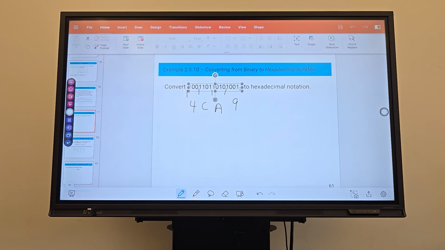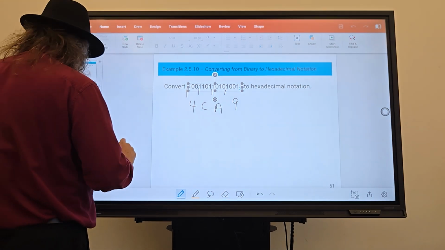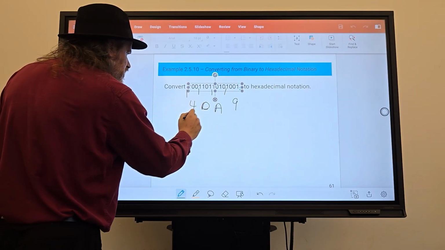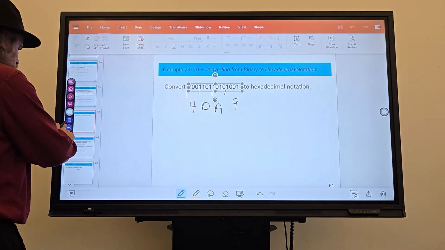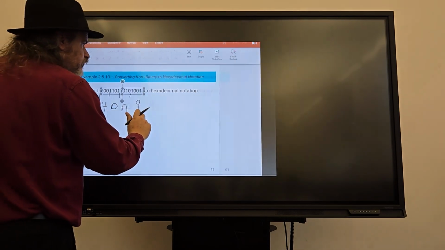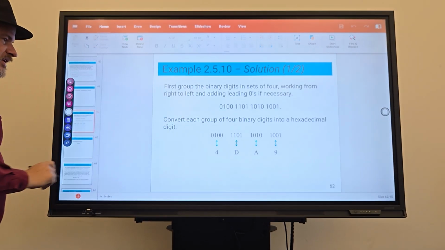Eventually you get used to converting back and forth between hexadecimal and binary, and you'll memorize the binary combinations for each of the hexadecimal digits. And conversions like this will be pretty simple and straightforward. Oh, I'm sorry, it's D, not C. Oh well. But anyway, so 4DA9.